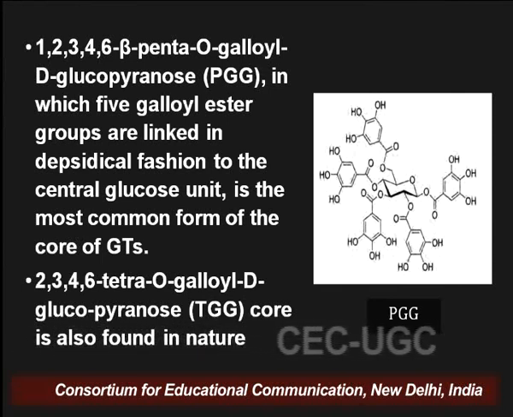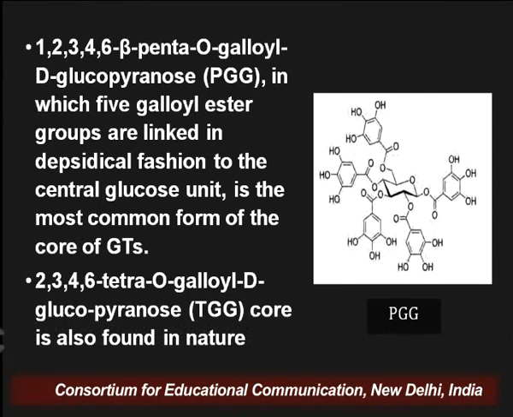So, in PGG, 5 galloyl or gallic acid units are attached to the hydroxyl groups of the central glucose molecule, and for a molecule to be categorized as a tannin or a hydrolyzable tannin, 3 hydroxyl groups should be esterified with gallic acid molecules.